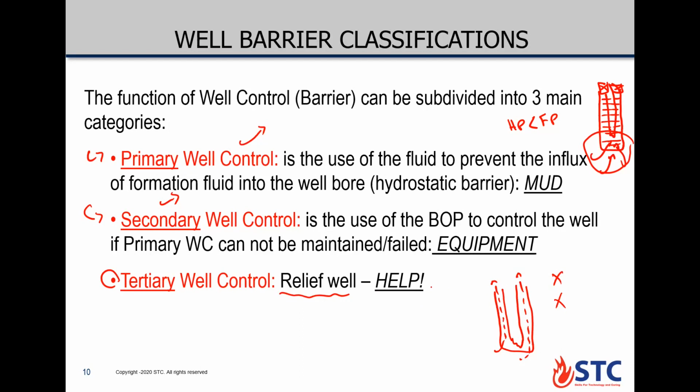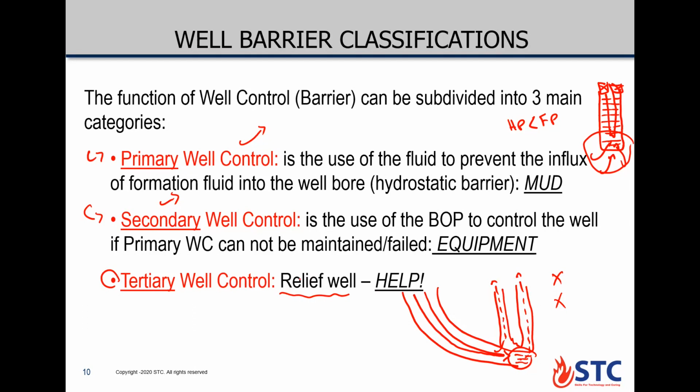The relief well is a well drilled in a nearby place like this, a directional well. You can drill this well and start injecting special material or heavy material, junk material, into the kicking zone to prevent it from further kicking. This is called the relief well, like what happened in the Gulf of Mexico accident.